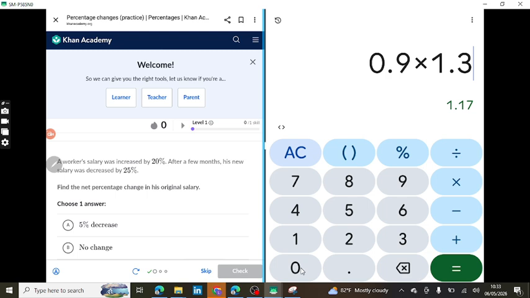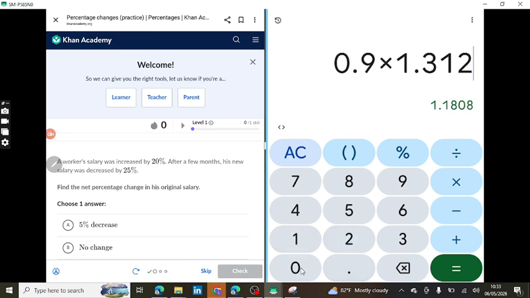The second one is times what? 0.75. Right? You reduce the number by 25%, it is now remaining 75%. That is 0.75.